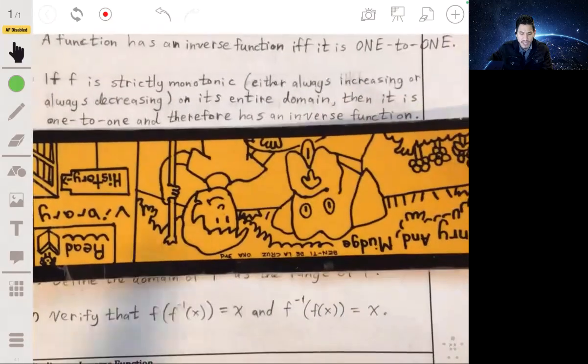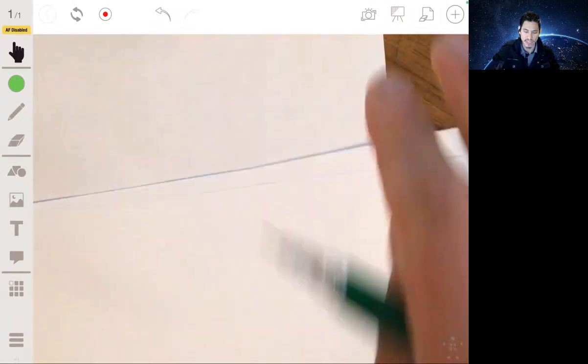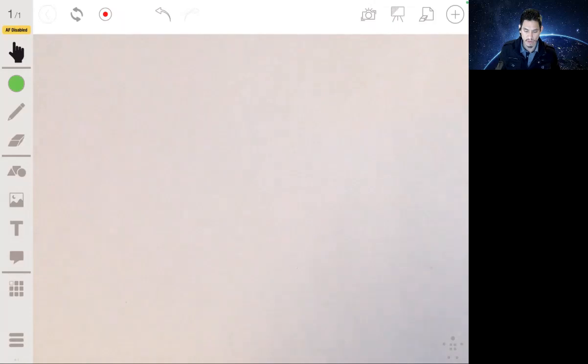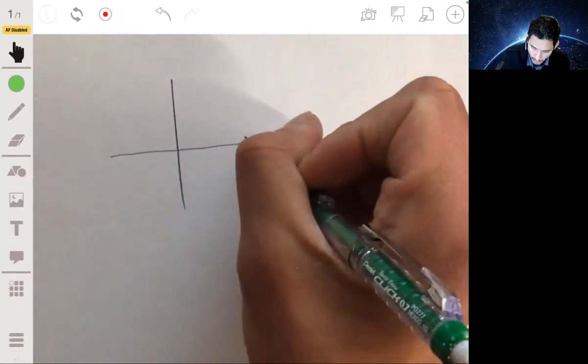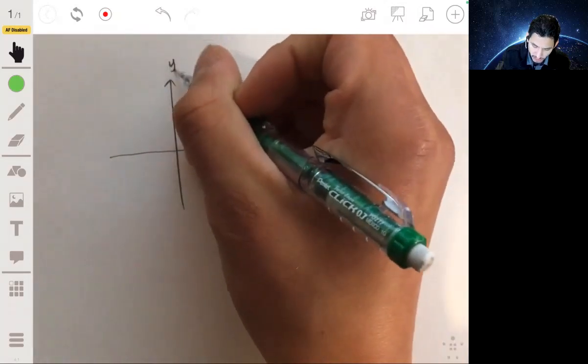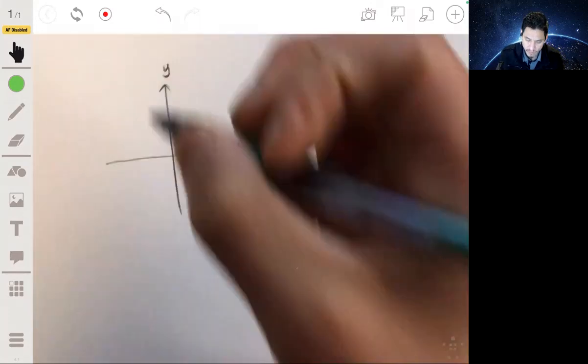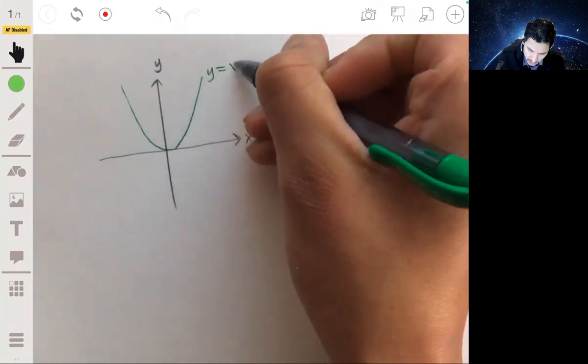So let's show an example of what this means and why. Let's take the parabola function, for example, y equals x squared, probably one of the first things you learn in algebra 2.